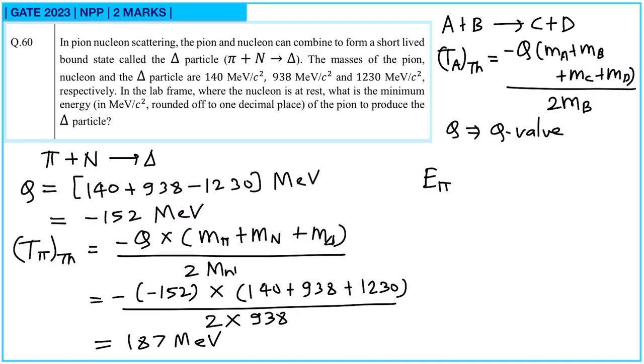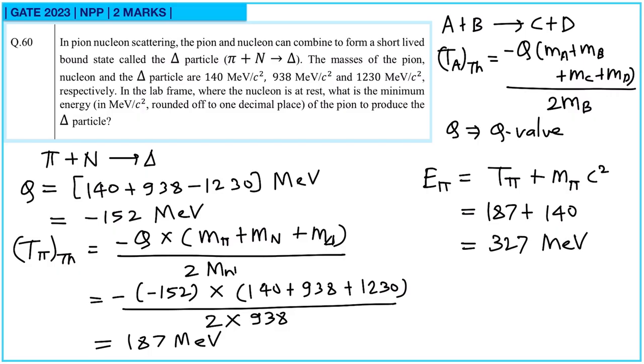Total energy E pi is equal to this kinetic energy plus mass energy, m pi c square, that is 187 plus 140. So this comes out to be 327 mega electron volt. And the answer given to this question in the answer key was 326.9 to 327.1 mega electron volt.